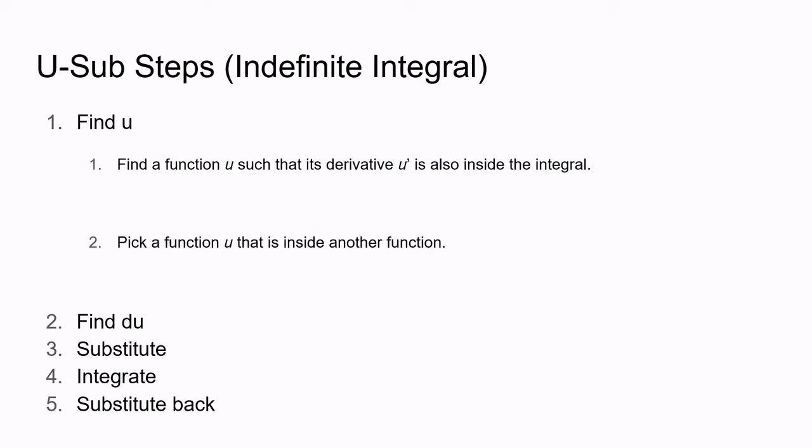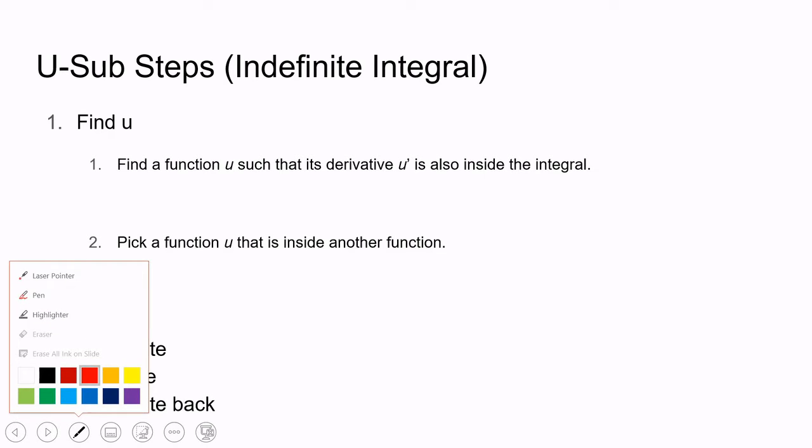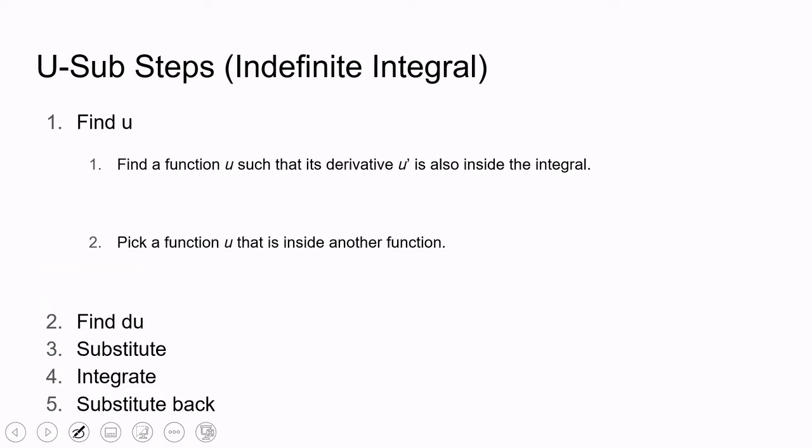So remember from class we had 2 options for this, or guidelines. Number 1 was to find a function U such that its derivative, u prime, is also inside the integral. So that means we have to remember a ton of different derivatives and integrals. For example, if I think u might be sine x, then I need to check that cosine x is also sitting in this integral somewhere in order for that to be my u.